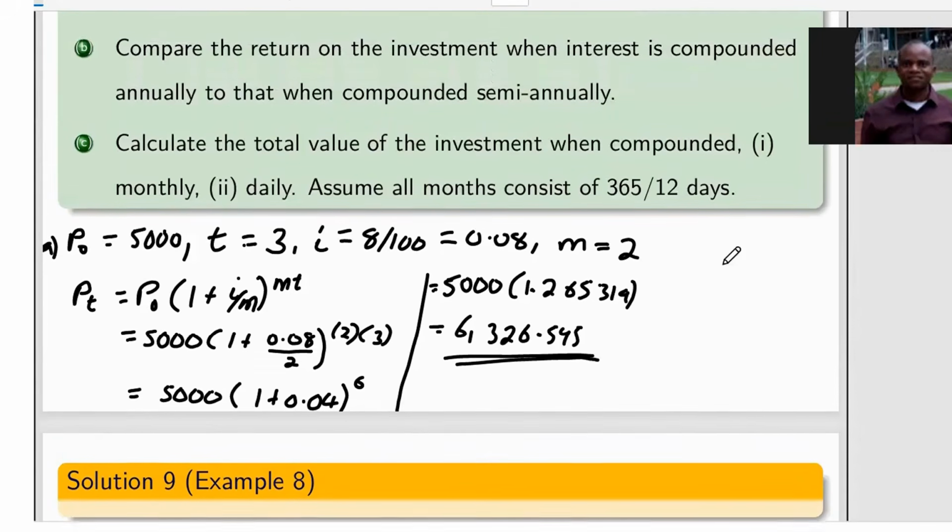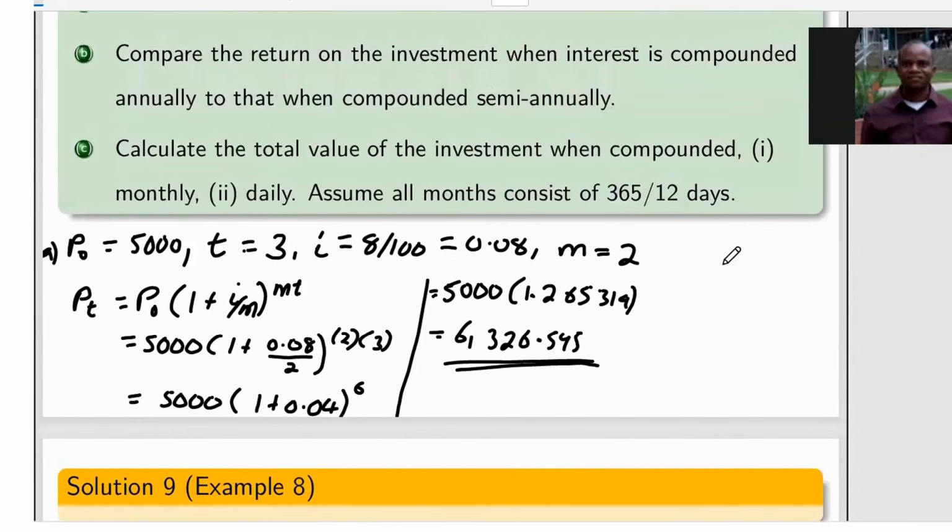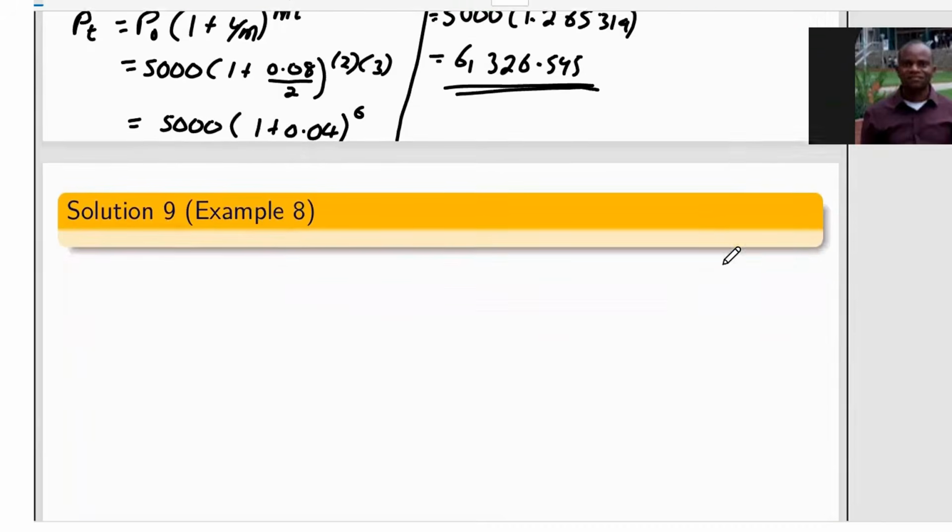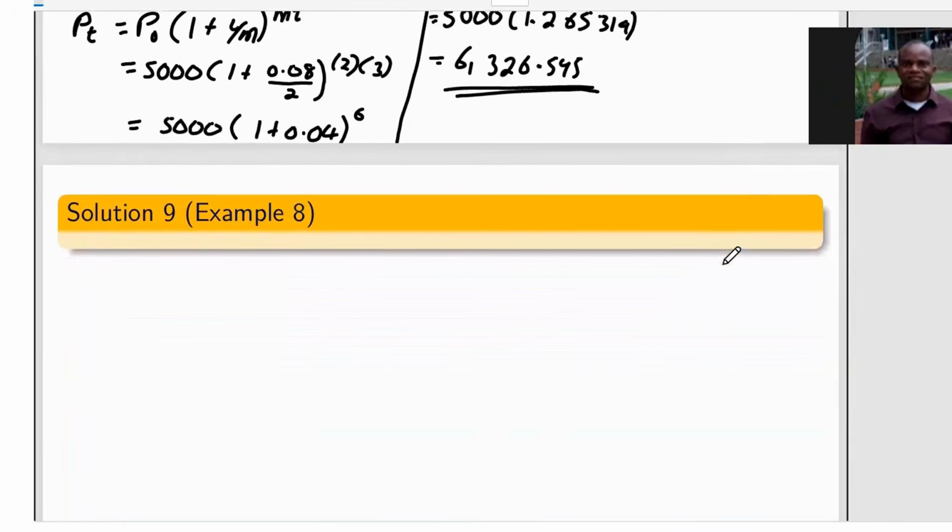Now, let's look at part B. It says compare the return on the investment when interest is compounded annually to that when compounded semi-annually. So we have already computed the return when interest is compounded semi-annually. Let's look at when interest is compounded annually.